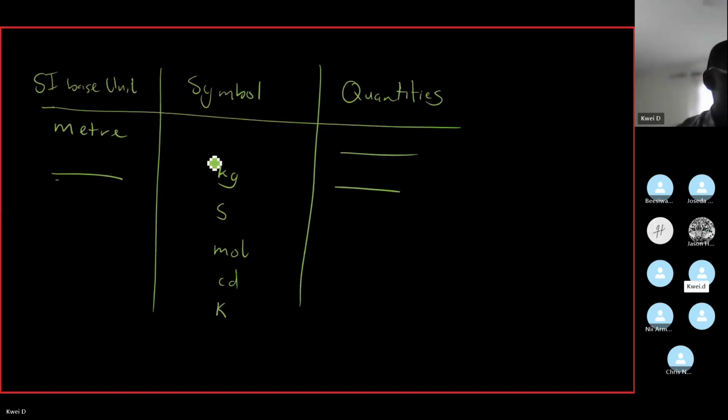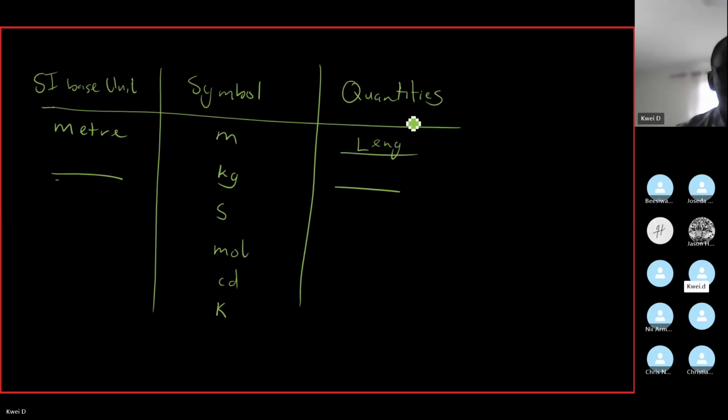So the meter, what's the symbol of the meter? Yes, Edmond. The symbol for the meter is small m. And what's the quantity it measures? Length. It measures length. Very good. All right, the next one. The kg.